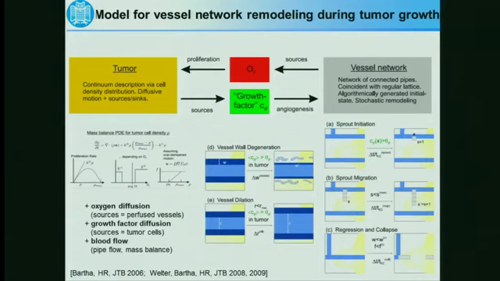We assume ideal pipe flow. And whenever you have a perfused vessel, it serves as a source for the oxygen. This is just one; it could also be some other nutrient, but this is the most prominent one. When tumor cells feel that there is enough oxygen, they proliferate. When there is not enough oxygen, they stop proliferation, and at some point they will die, which then gives rise to a contribution to the necrotic tissue.